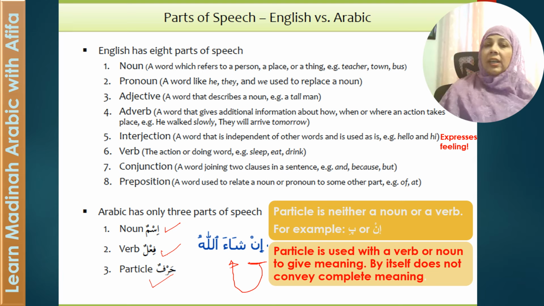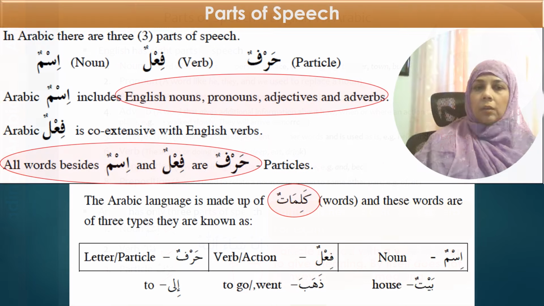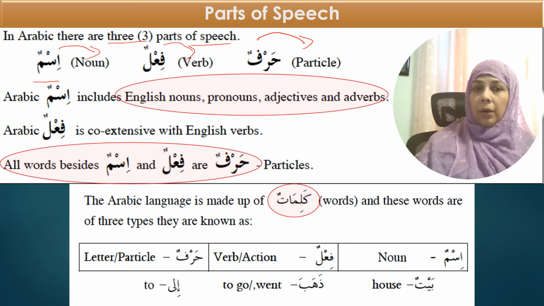We will study nouns first since it is more complicated than the verbs. In Arabic, as we said, there are 3 parts of speech. The first is ism, which is a noun, fi'l, which is a verb, and harf, which is a particle.